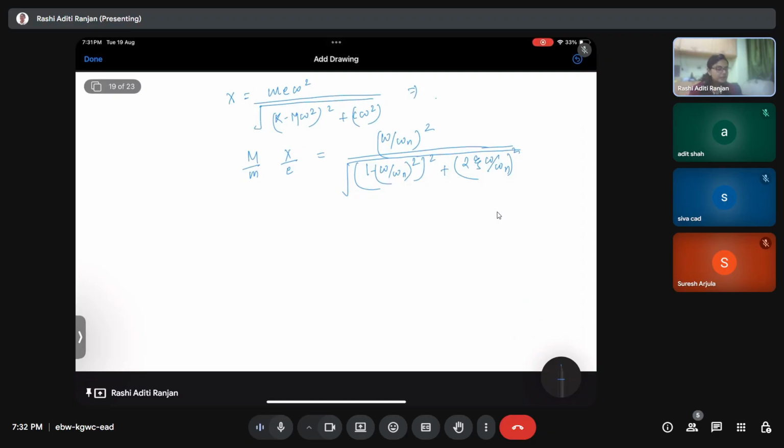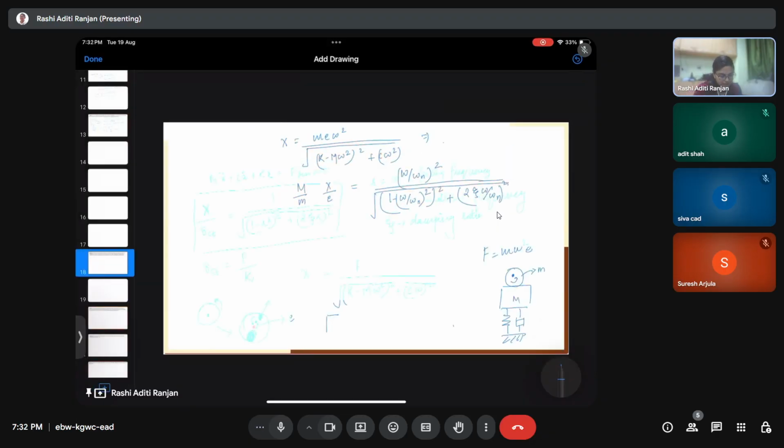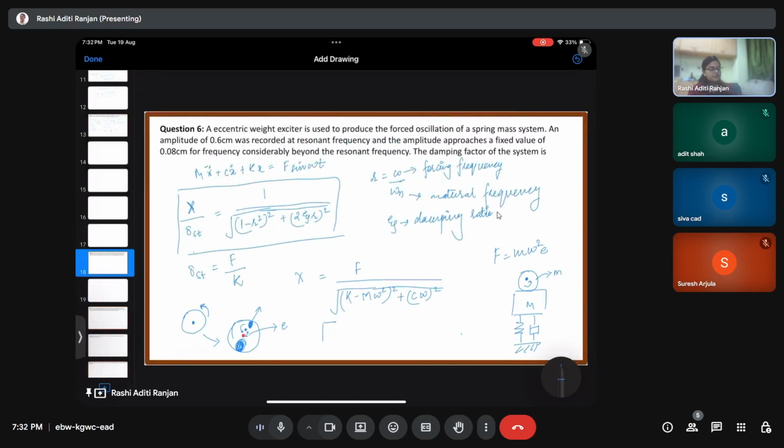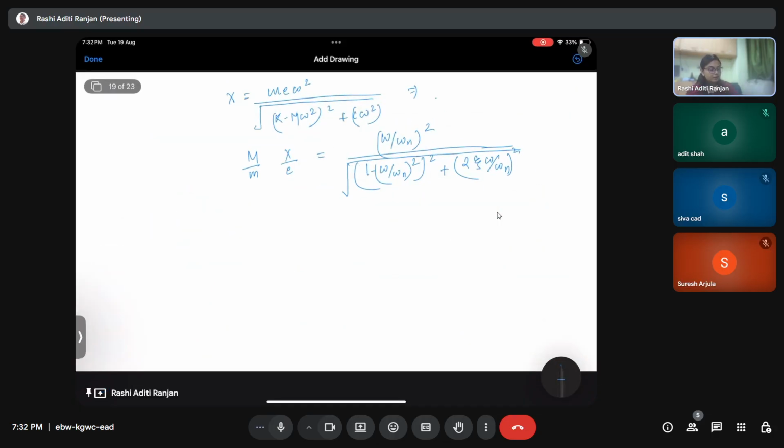Now in the first case, it is written that an amplitude of 0.6 centimeter was recorded at resonant frequency. So at resonant frequency, this R, which is omega by omega n, is 1.